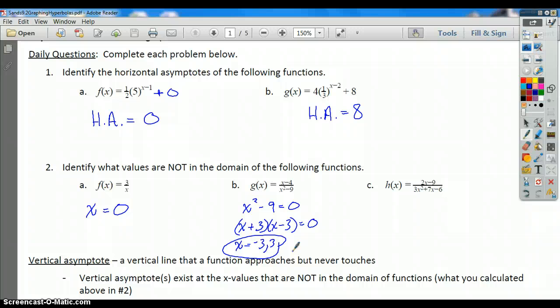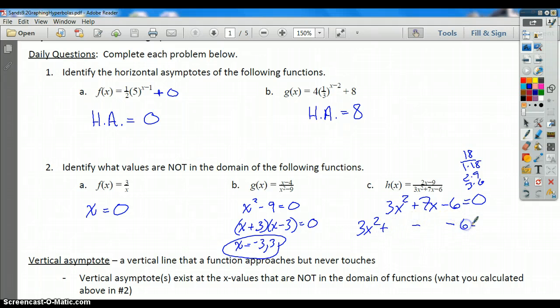In h of x, set 3x squared, it looks like, plus 7x minus 6 equal to 0. So I'm going to do 3 times 6, which is 18. Numbers that multiply to the 18 are the following. So what I'm going to do here is I'm going to write 3x squared plus minus 6.